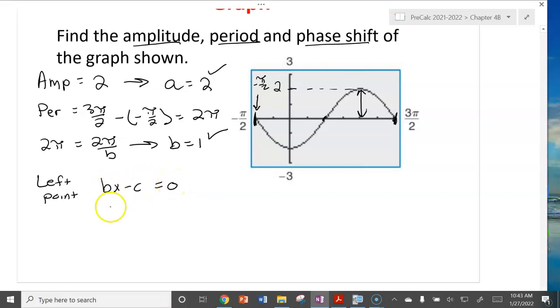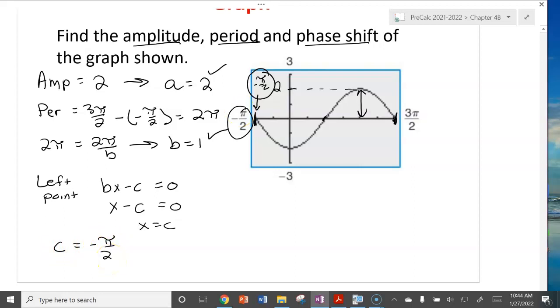B is 1, so x minus c would equal 0. And that c worked out to being negative pi/2. So our left point is whatever c is, and it's negative pi/2. So c is going to be negative pi/2.